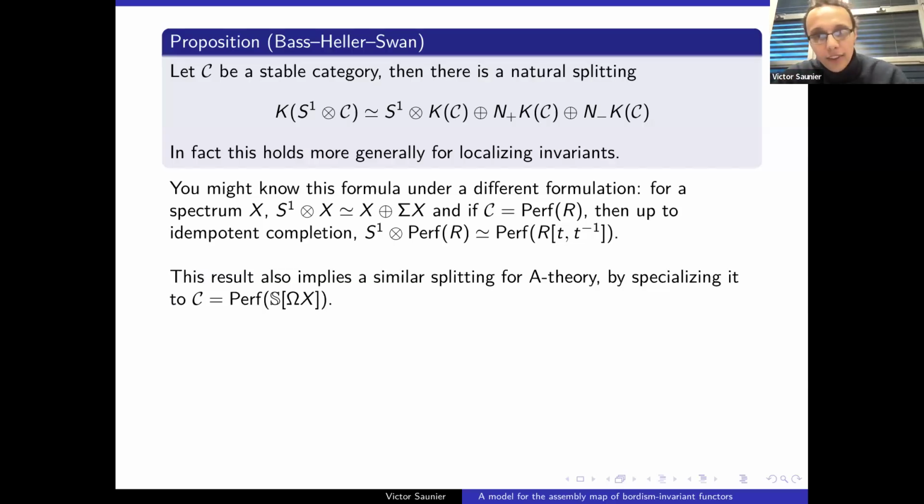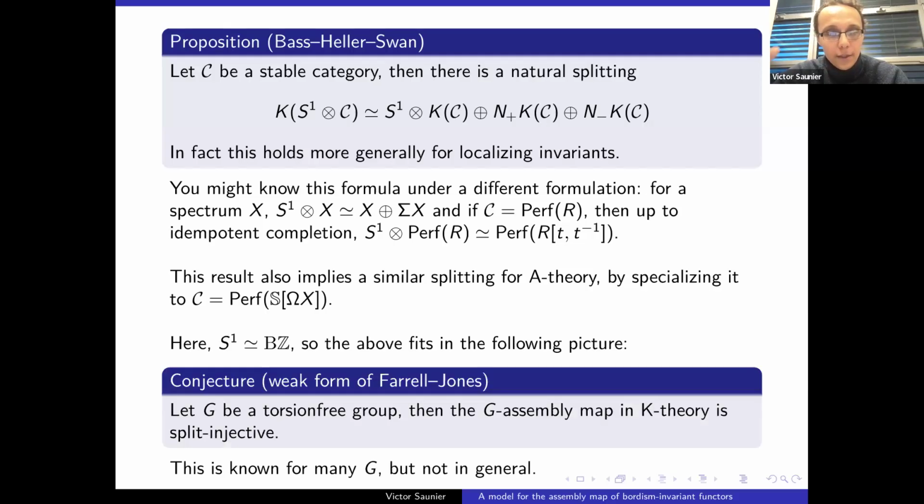You can also get something for A-theory if you specialize to Perf of the spherical chains on loop X. This picture fits into a very general thing, which I'm not even going to explain here, called Farrell-Jones. Farrell-Jones is still a conjecture, even though it's known for many groups.